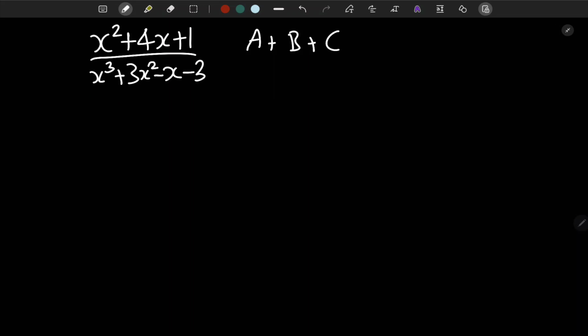You can do that on the calculator. So you're going to get x, x minus 1, and x plus 1, x plus 3. Here are the 3 factors.